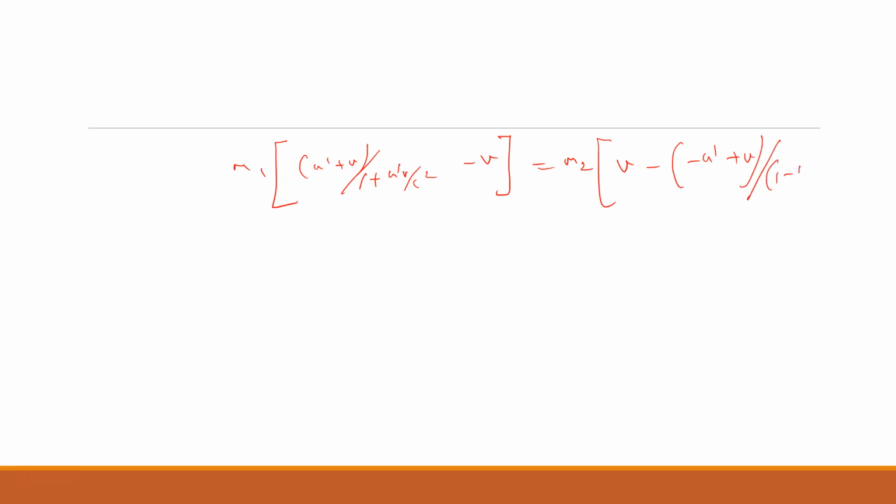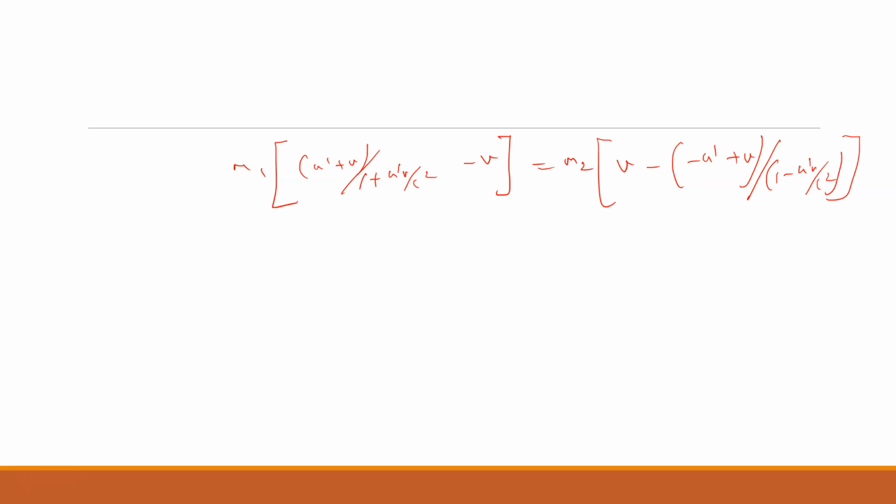So it will become m1 into (u dash plus v divided by 1 plus u dash v by c square, minus v) equals m2 into (v minus (u dash plus v) divided by 1 minus u dash v by c square). Now take the LCM of the terms in the bracket and solve.